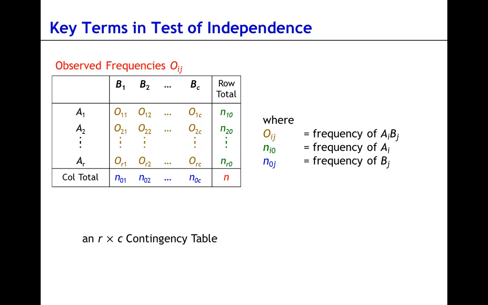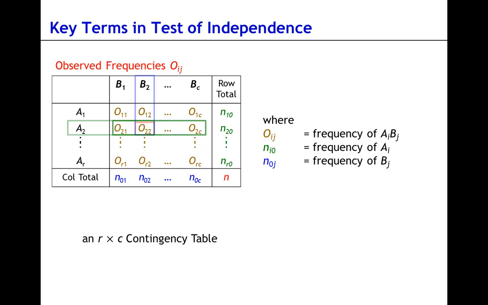There are some key terms that you need to know when doing tests for independence. We know that the sample data comes as a contingency table. The first variable A is split into R rows, from A sub 1, A sub 2 to A sub R. And the second variable B is split into C columns, from B sub 1, B sub 2 to B sub C. These data are captured as the observed frequencies, where O sub ij is the frequency of the cross-classification of the ith row and the jth column.